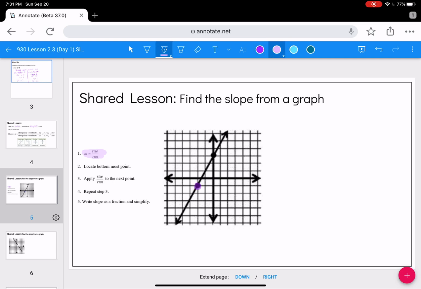Then we need to apply rise over run to the next point. So I'm going to rise here, 1, 2, 3, 4. So we rose 4, and then we are running 1, 2, so we're running 2 to the right, which makes this a positive value.